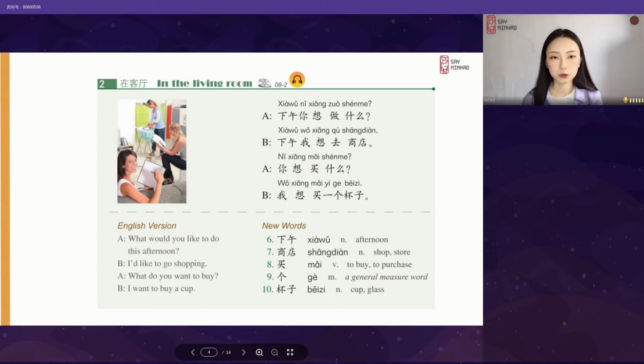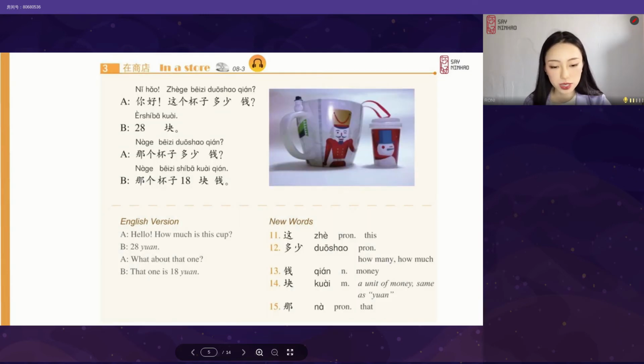You will be A. 3, 2, 1. 下午我想去商店。我想买一个杯子。Okay, very good.